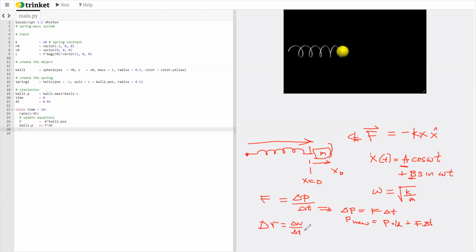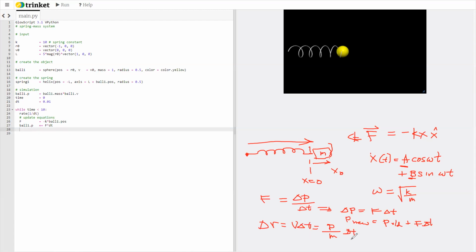But v is momentum p divided by mass, so delta r is p divided by mass times delta t.